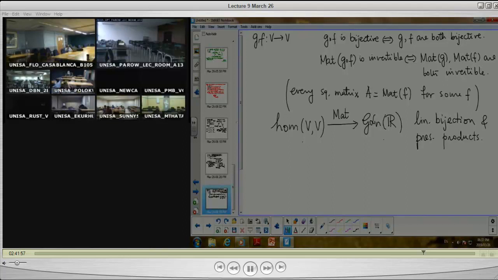We'll be using this linear bijection of matrices right and left to shorten our computations, to see what is going on. We'll be doing this again and again. So you should get used to this back and forth shifting between linear transformations and matrices.